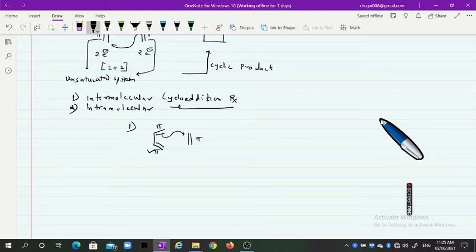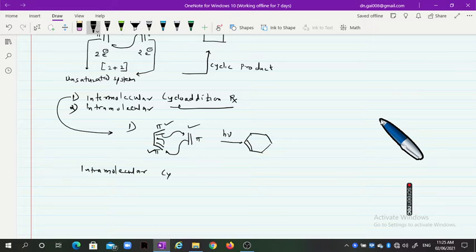By such a mechanism we will obtain the unsaturated products. Two different reactants, therefore it is an intermolecular cycloaddition reaction. The second type is the intramolecular cycloaddition reaction.